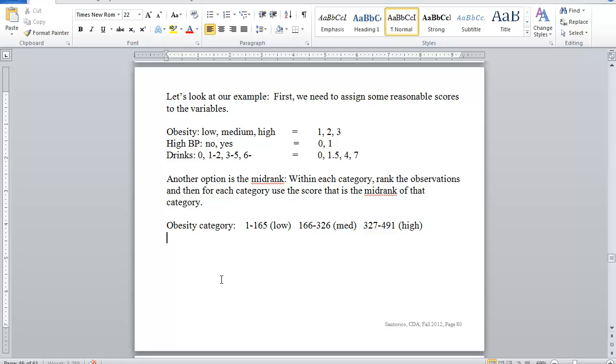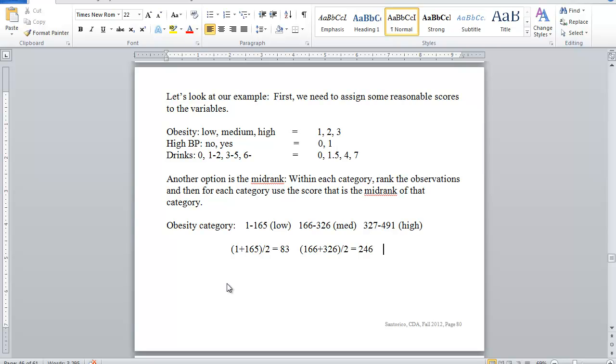What this would tell me to do, a midrank, would be to take 1 plus 165 divided by 2, and that would be the assigned score for that group. That comes out to be 83, so 166 divided by 2. Then the next category would be 166 plus 326 divided by 2, which, if you calculate that out, will be 246.